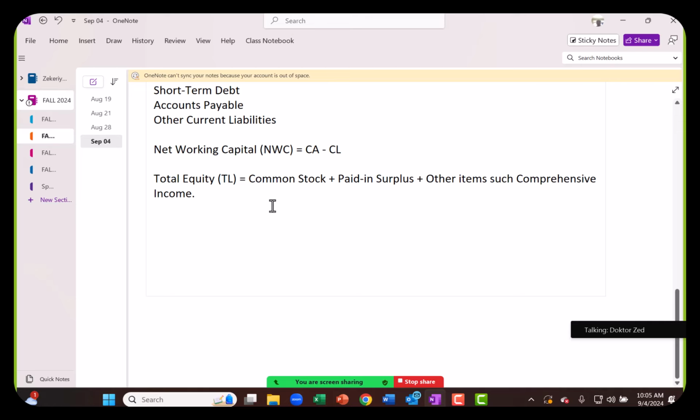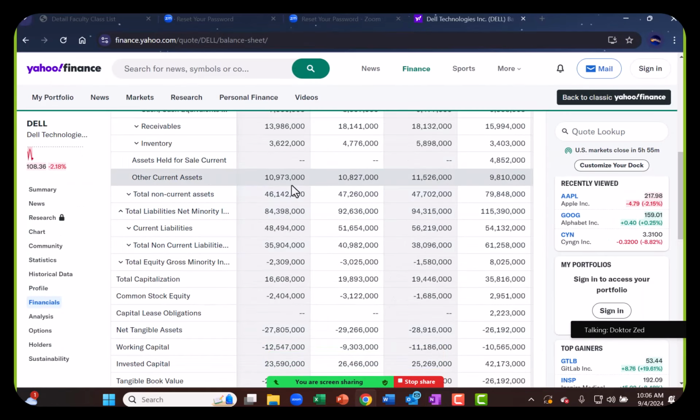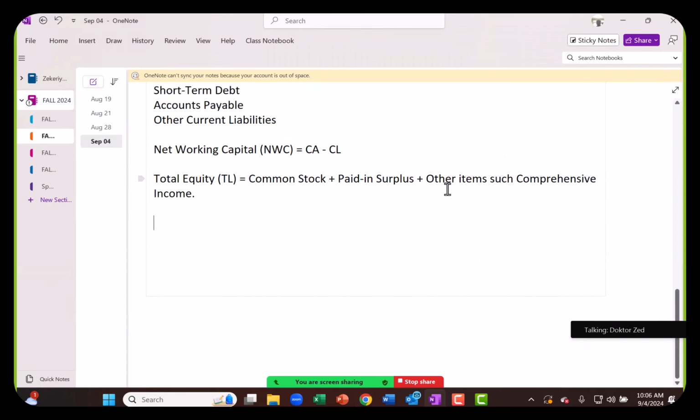Common stock and paid in surplus are kind of two different things. When a company issues a share, let's look at Apple, or in this case, Dell. They have 822 million shares, and these shares have a nominal value.